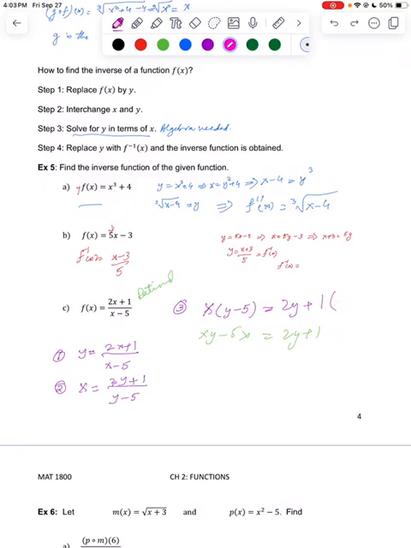After this, cross multiply. And then once you have cross multiplied, the next step to do is distribute.